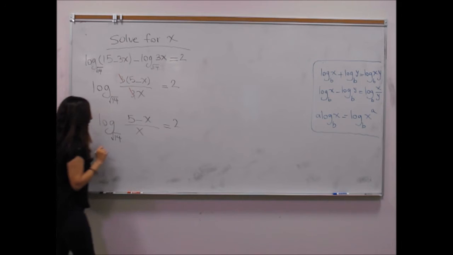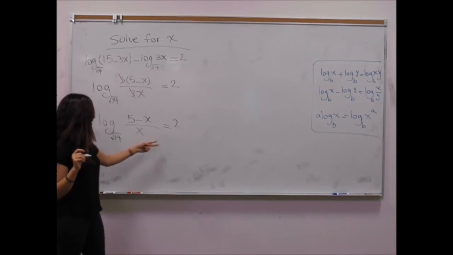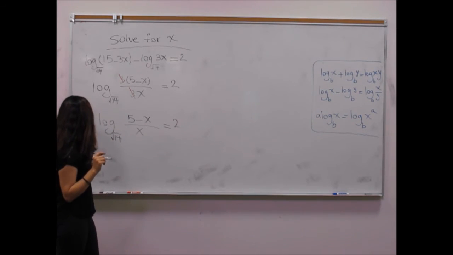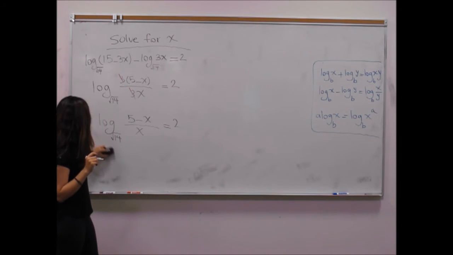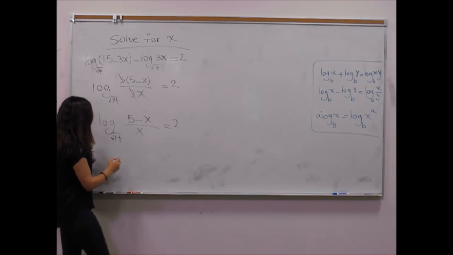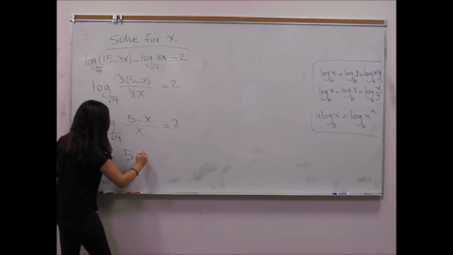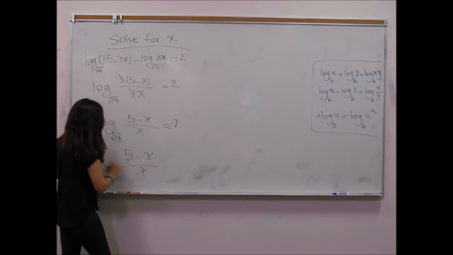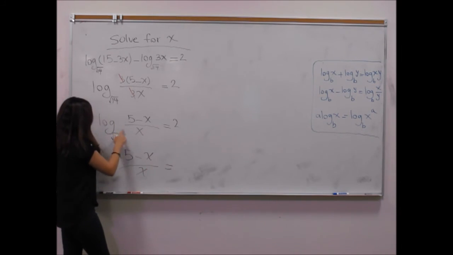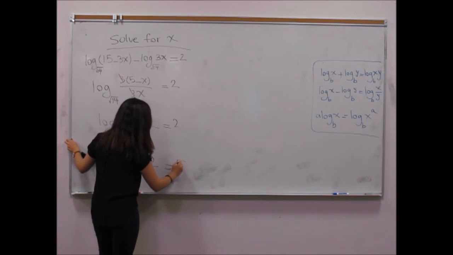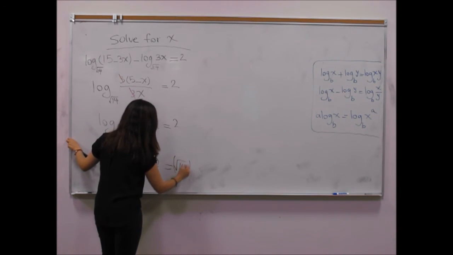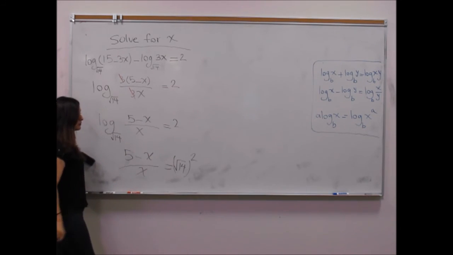equal to 2. And now I can rewrite this equation in exponential form. So 5 minus x over x is equal to the base, which is root 14, to the second power.